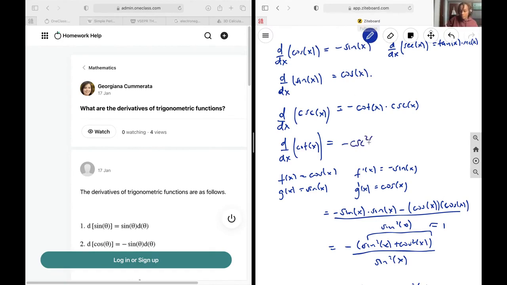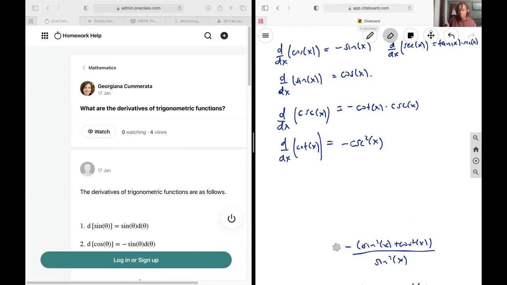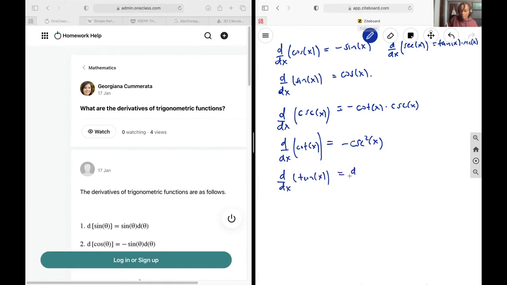And lastly, we're going to find the derivative of tan x in a similar fashion. And this is going to be sine of x over cos of x.